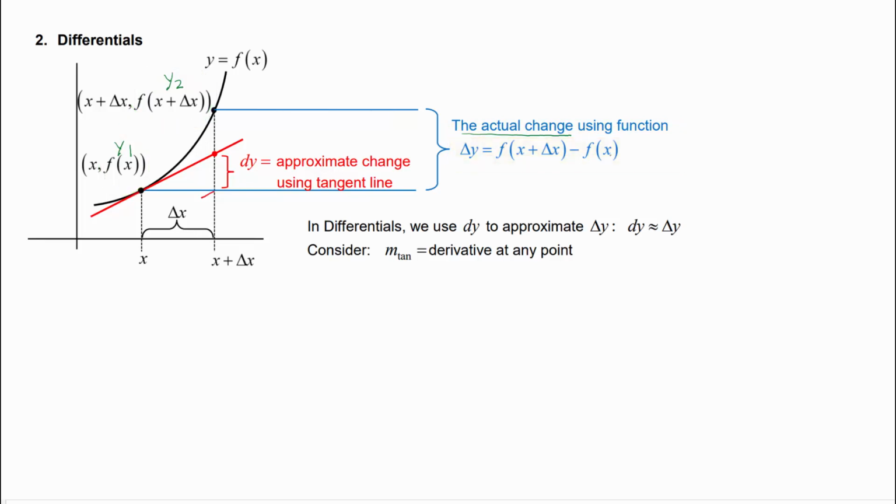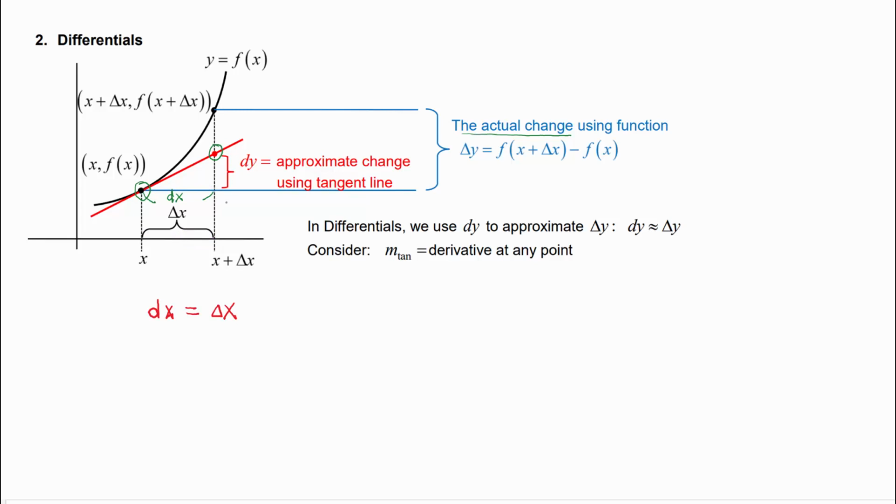Now let's look at the original point and the next point on your tangent line with the same increment of x. You can see the change in x is still exactly the same amount as in the original function, which is dx. So the change in x using the tangent line is exactly equal to the actual change in x in our original function.